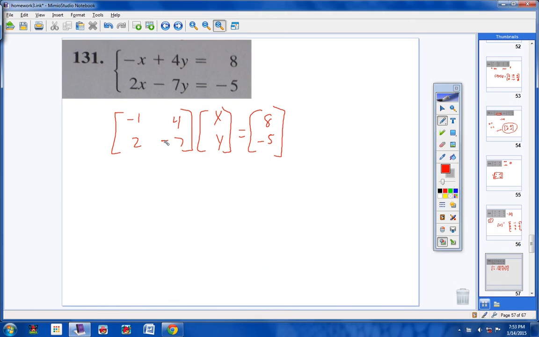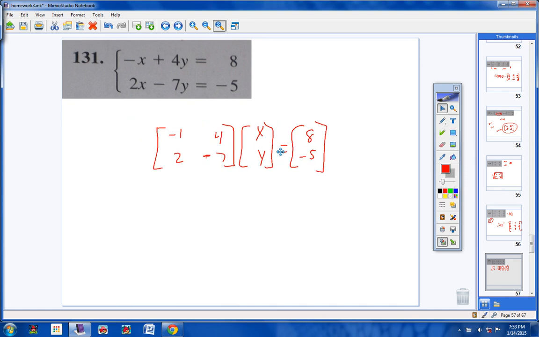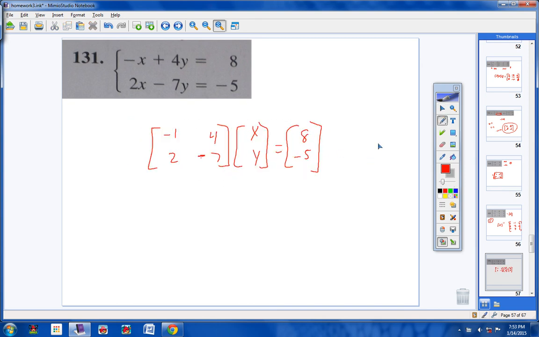Okay, students, what you would do next is find the inverse of this 2 by 2 matrix, and you would then multiply it by both sides of the equation. Now, please listen to me carefully, students. I've told you before, whenever you're solving a system by using inverse matrices, you're allowed to use your calculator all you want to. So I went ahead and used my calculator, and I found the inverse matrix for this matrix here, and here it is.